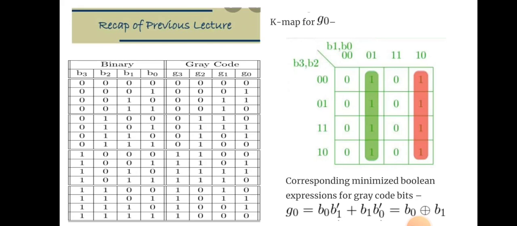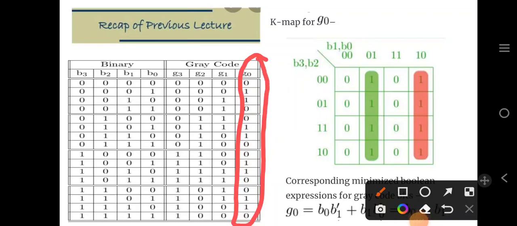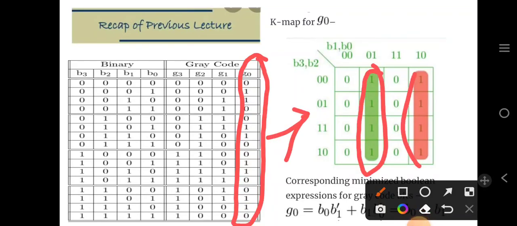So we have first seen the K-map for G0, which is formed by using the first column of the output, that is G0, the last column of the output, that is G0. So using all bits of G0, we have put all these bits into this K-map. Then we have made the groups, and after that we have written the equation for these groups. So this was the next step.